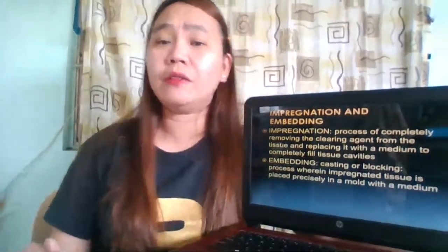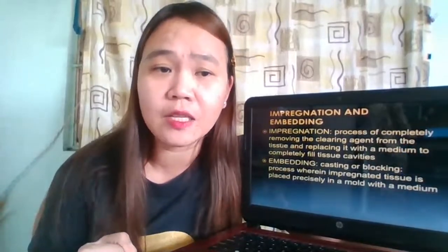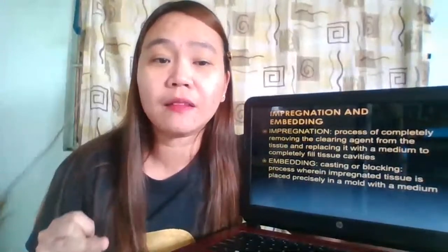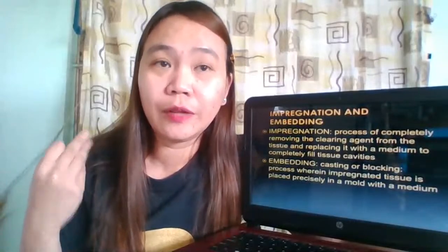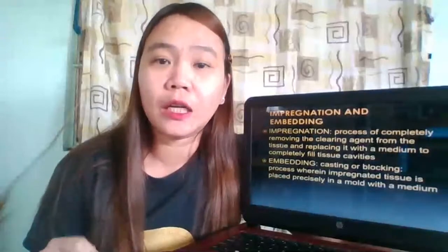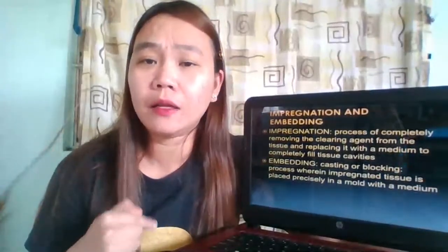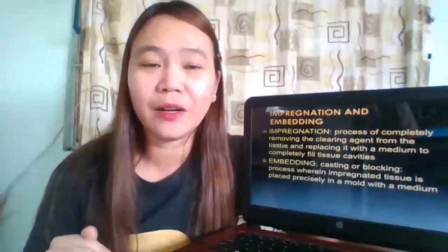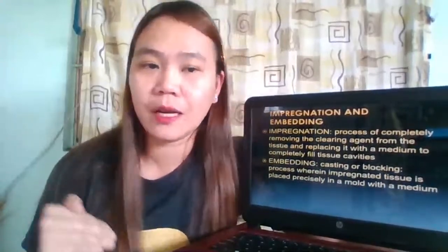Okay, so I have already mentioned three purposes. The first one is to remove the clearing agent. Another one is to fill the cavities, the spaces, and the interstices. And lastly, to render a firm consistency to our tissue sample for easier cutting and handling. And the last one, this is particularly true if we are talking about paraffin wax processing, so that would include impregnation and embedding.